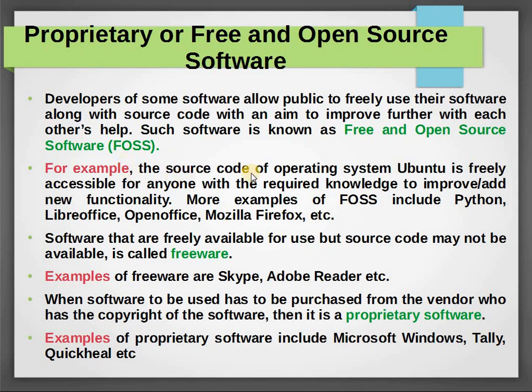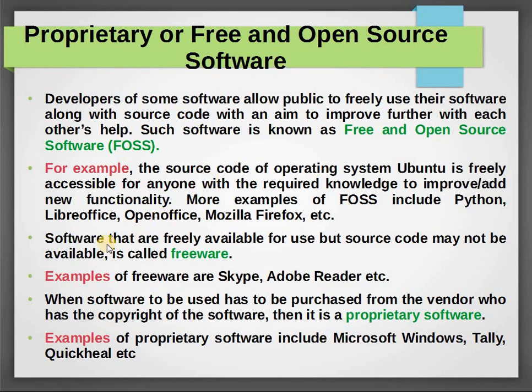For example, the source code of the operating system Ubuntu is freely accessible for anyone with the required knowledge to improve it and add new functionality. Some other examples of free and open source software include Python, LibreOffice, OpenOffice, Mozilla Firefox, and many more. So mainly free and open source software is a category of software that is available to the public with its source code.